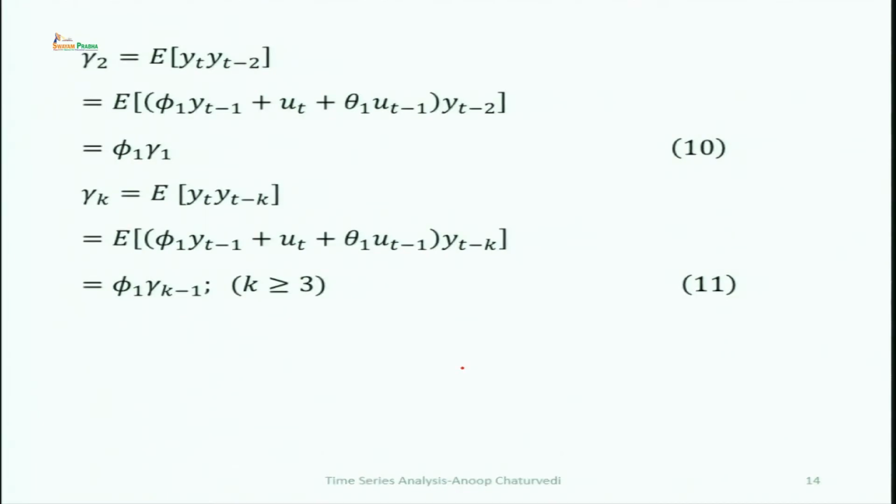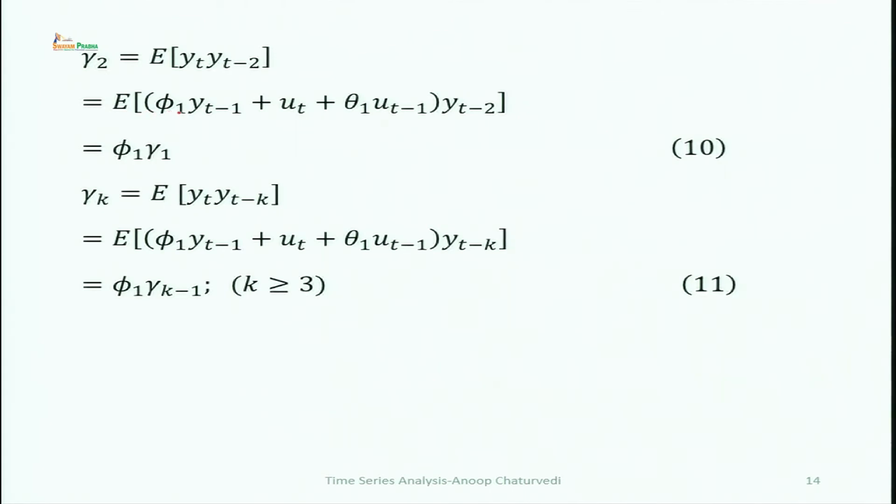Now, gamma 2 is equal to expectation of y t y t minus 2. Then you write y t equal to phi 1 y t minus 1 plus u t plus theta 1 u t minus 1, and you multiply it by y t minus 2, and then you take expectation.